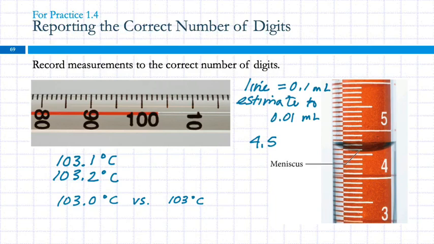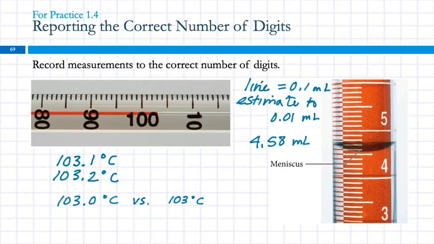What do you think? Maybe 8? 4.58 milliliters? 4.57? There's several different possibilities. I think it's clearly above 4.55, but beyond that, it's an estimate.